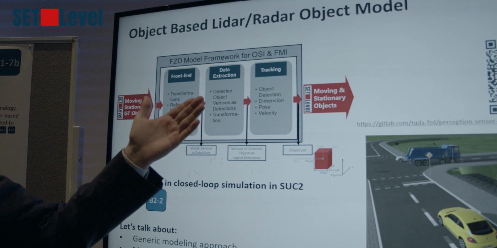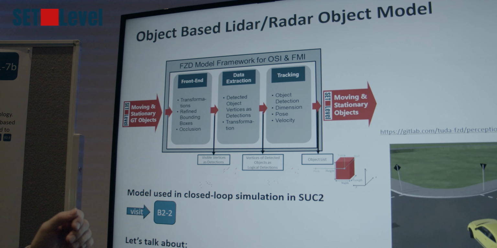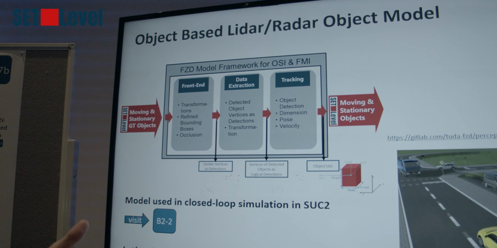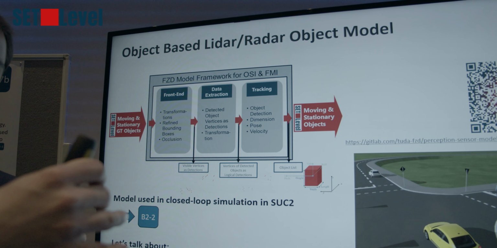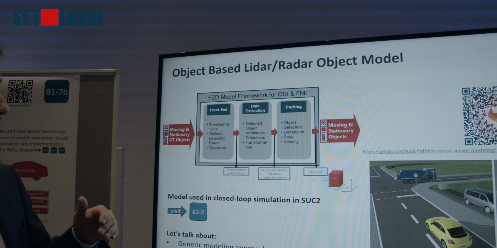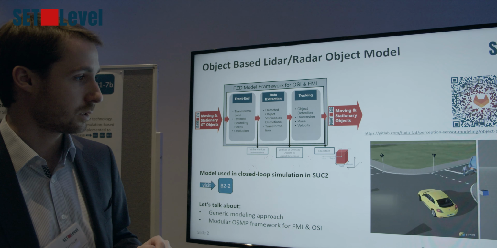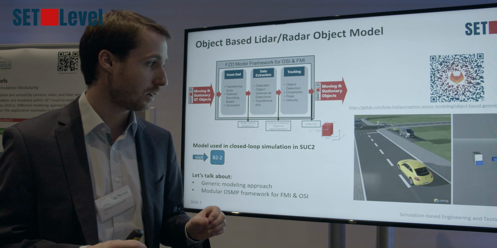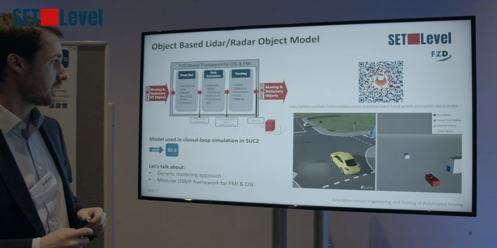And here in this particular model, we simulate the front end, covering effects like occlusion, for example, if one object is behind another one and occluded or partly occluded. And we also have an approach for kind of refined bounding boxes, so we don't have only the rectangular ones, but a little bit more refined to the actual shape of the vehicles.